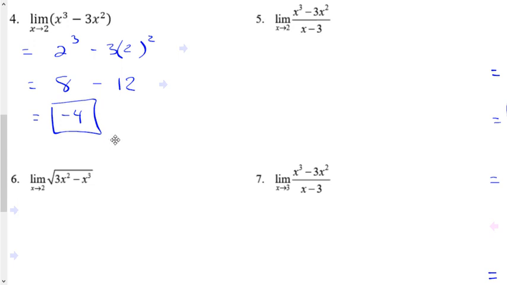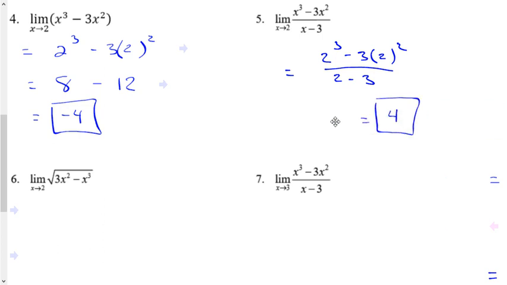Number 5, similar idea. Now, here I have a rational expression. It's not defined when x is 3, but if x is approaching 2, there's no problem. I can just plug in the value for x and then evaluate. So I replace all the x's with 2, evaluate, and I find the limit of this function as x approaches 2 is equal to 4.